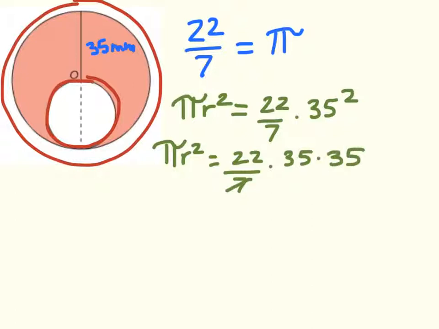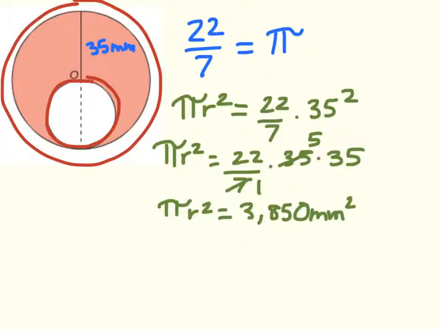Now I can reduce this, and I have 22 times 5 times 35, which gives me 3,850 millimeters squared. Okay. Now let's find the area of the hole in the pendant. That is also going to be equal to pi r squared.